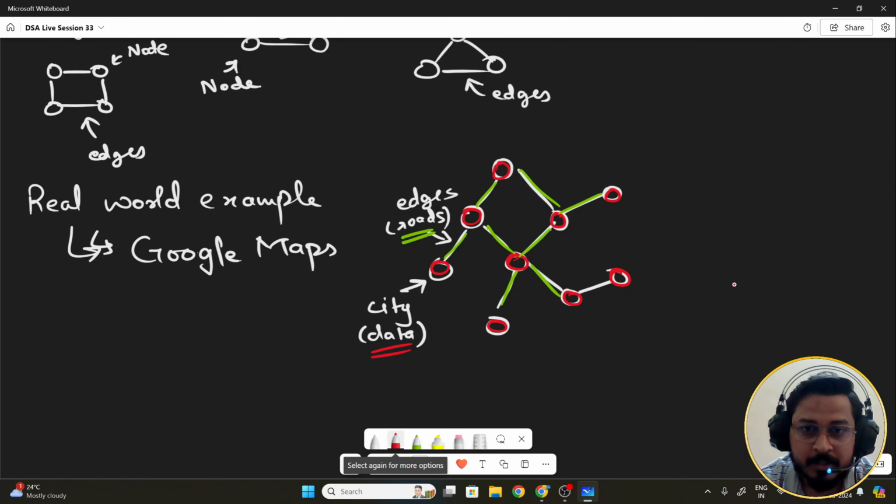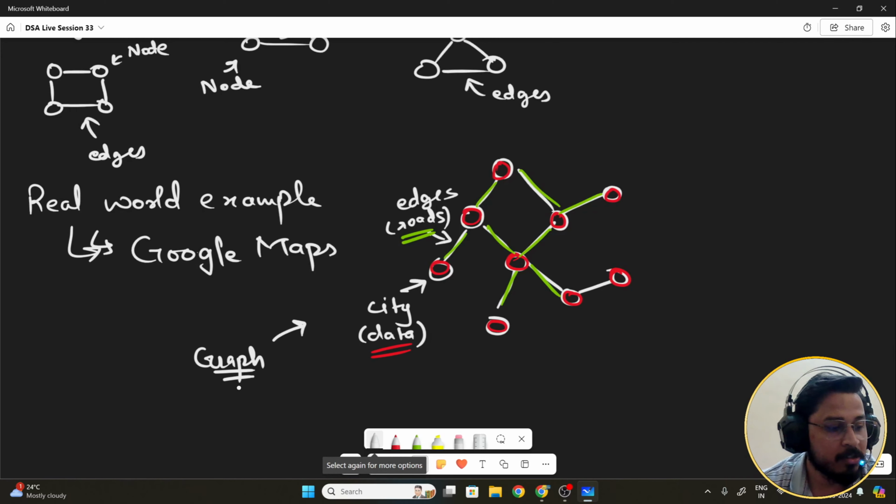Okay, this is a type of graph. So graph is actually used in these kinds of places to store very complex data in real life, to manage and organize that complex data in order to achieve some kind of feature out of it.